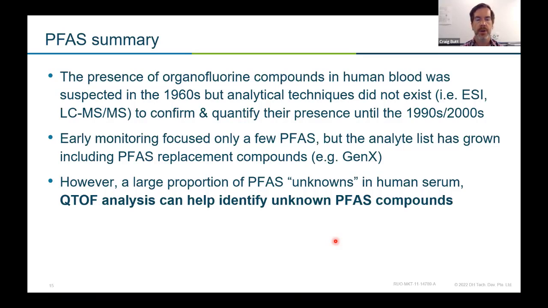And then those early monitoring lists and the early studies may have focused on just some of the smaller compounds, but again, as the landscape of PFAS is constantly changing, we need to start looking at some of those more novel and replacement compounds, right? And then I would also finally say that there is a good argument for using these accurate mass techniques to try to understand the unknown or unidentified PFAS that seems to be in blood.